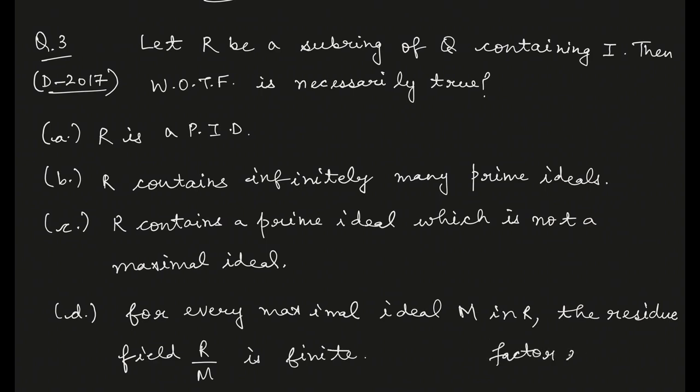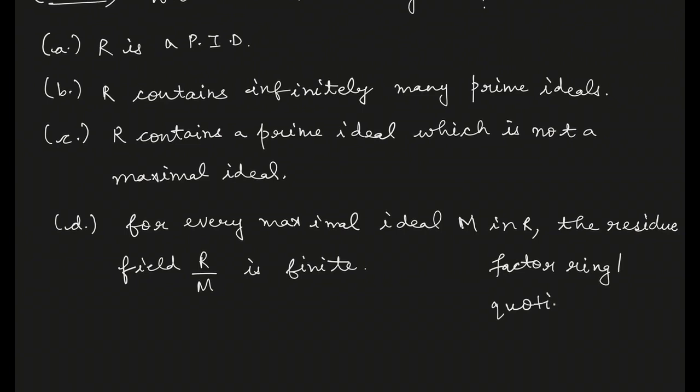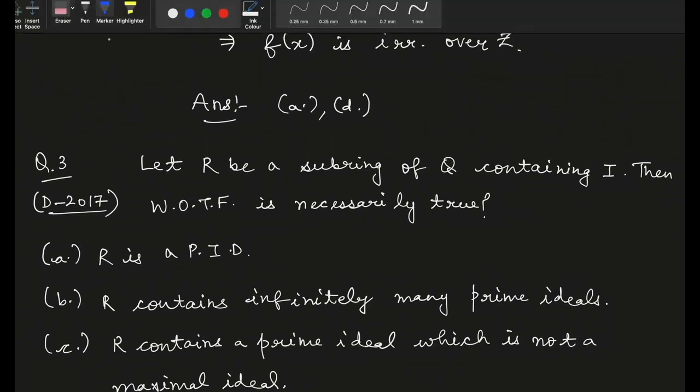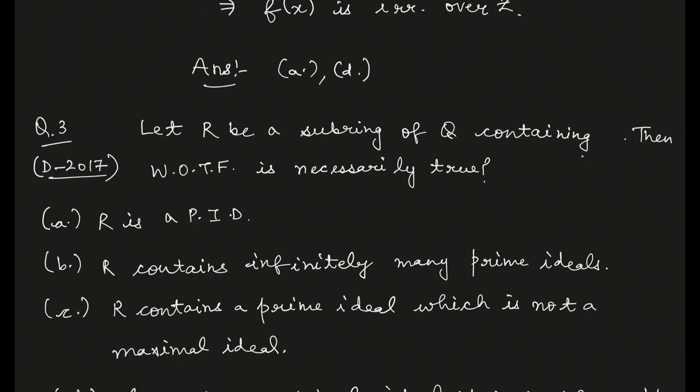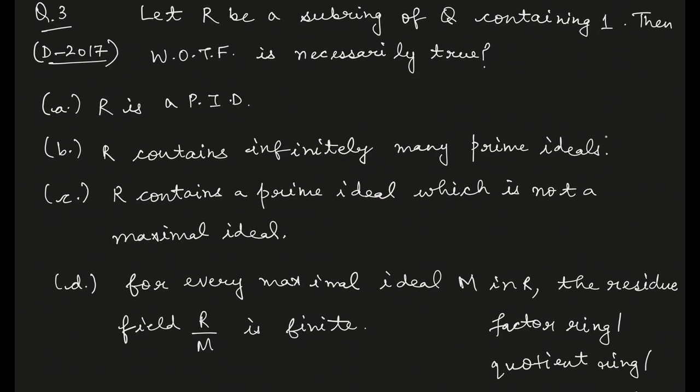Factor ring or quotient ring or residue field, these are the same. Containing 1 means unity. This is part B question, MCQ.